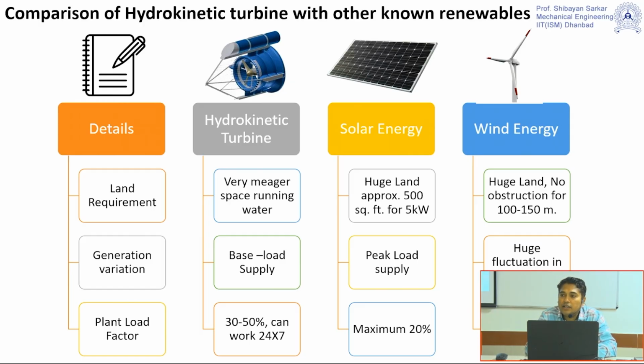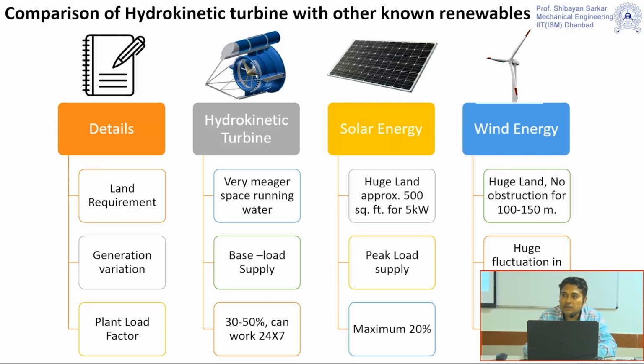Now, for solar energy, you have to have huge land cover so that you can install the solar panels. And wind energy also requires lots of land cover, because the total wind energy generation system will be installed on the land. So, land acquisition is a problem for solar and wind energy, but that will not be a problem for the hydrokinetic turbine.